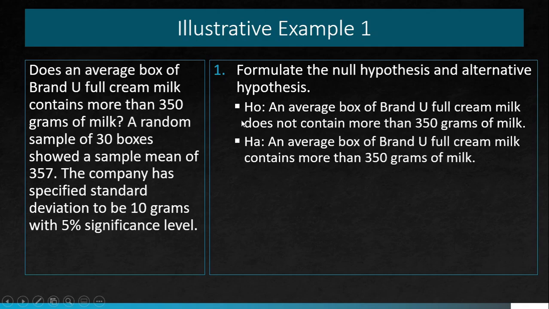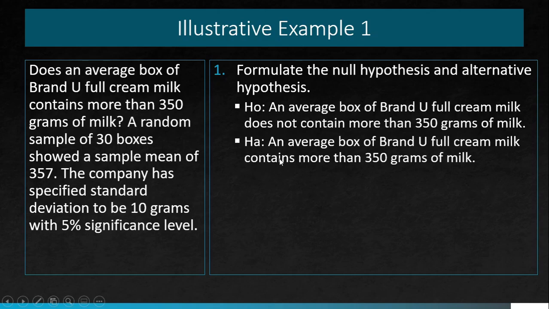If you formulate your null hypothesis, we can simply state that there is no difference between the population and sample mean. In short, it already expresses neutrality, or no difference between our population and our sample.